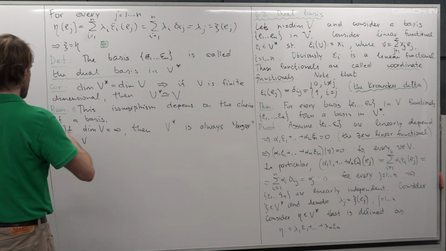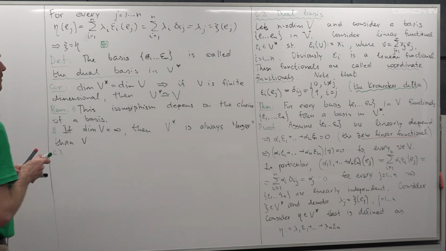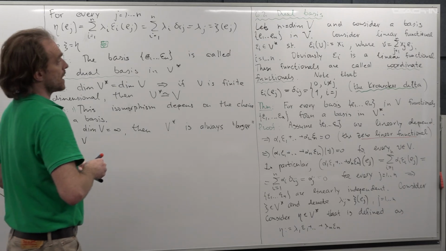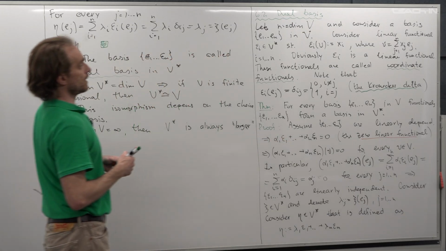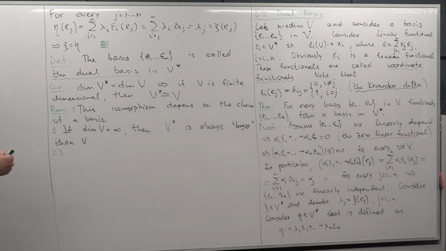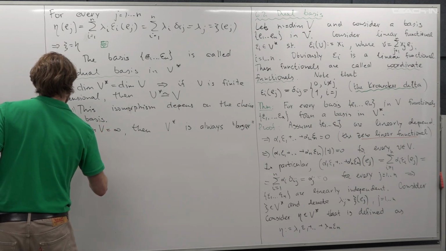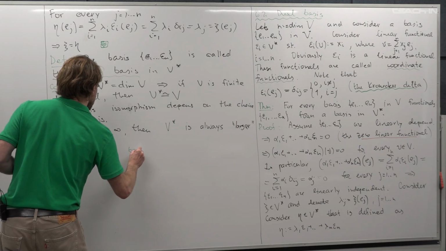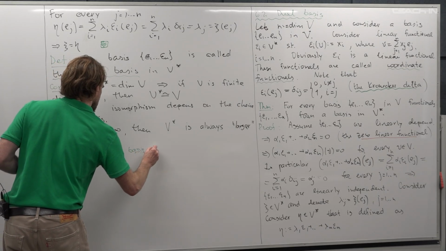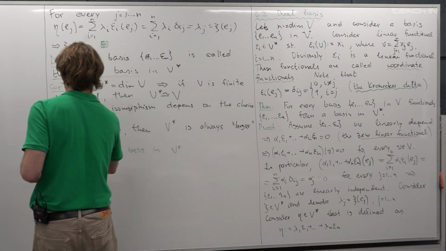And the next thing that we need to discuss is the relation between the changes of basis in the space and in its dual. So change of basis in the dual space.